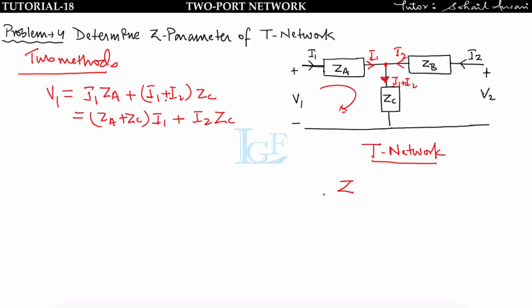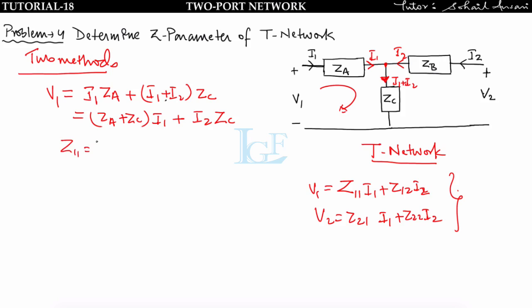What is the Z parametric equation? V1 is equal to Z11 I1 plus Z12 I2, and V2 is equal to Z21 I1 plus Z22 I2. If you compare with the standard equation, then you will get Z11 is equal to ZA plus ZC and Z12 is equal to ZC.